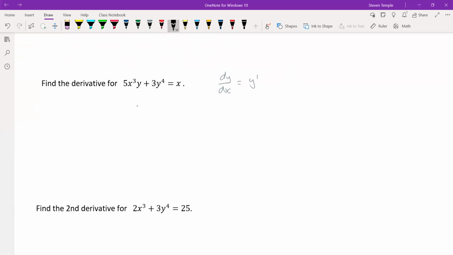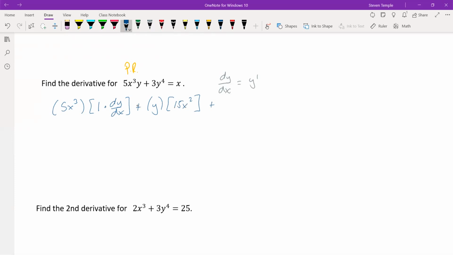So for the first step, I'm going to take the derivative of both sides, and I see here I'm going to have to do the product rule. The product rule is the first times the derivative of the second, which is a 1, but you have to put dy/dx or you could put y prime, plus the second, which is y, times the derivative of the first, 15x squared.